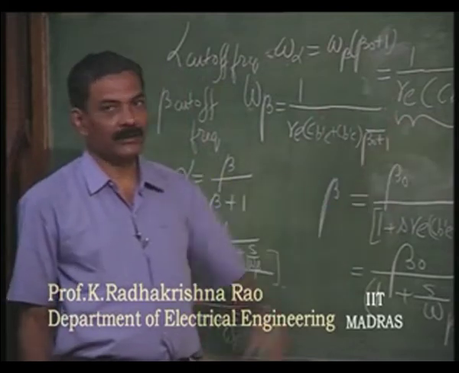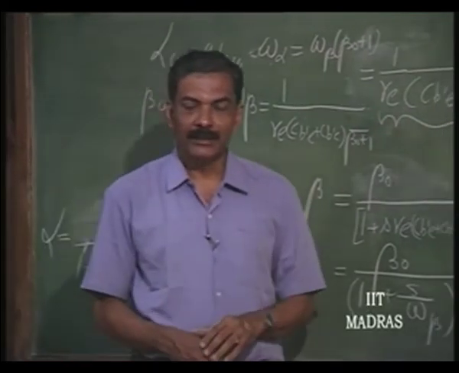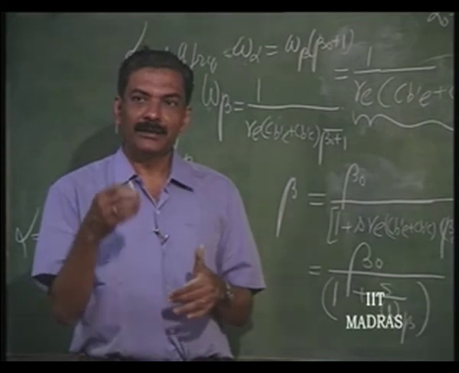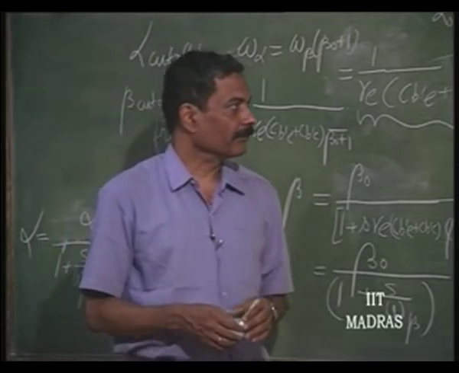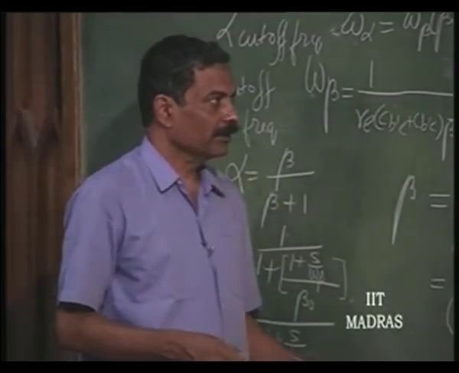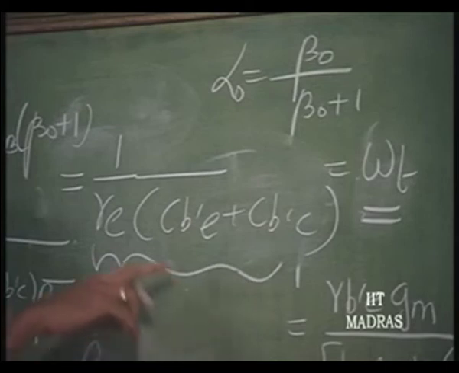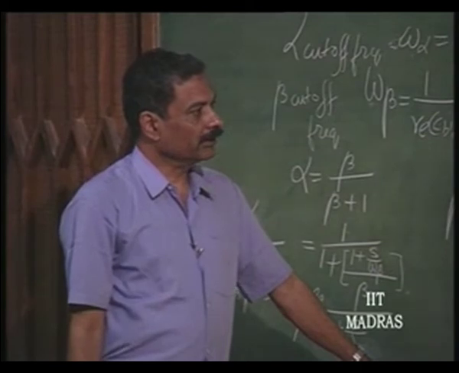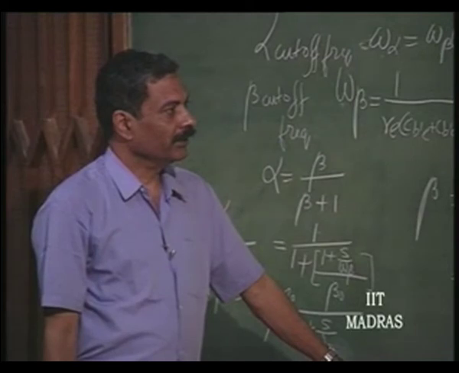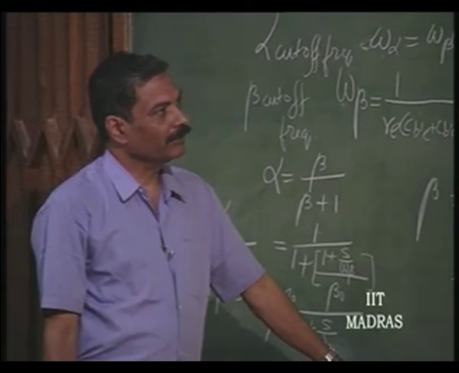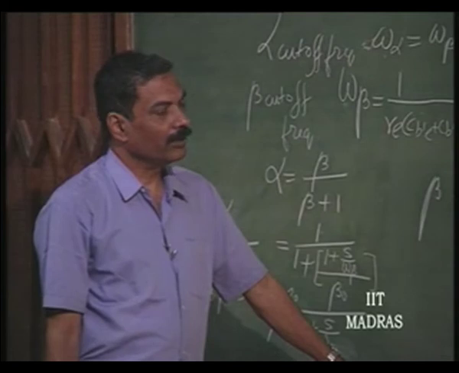This is the same thing even in the case of a FET: it is Gm of the FET divided by C total, where instead of C b dash E plus C b dash C, we will use C g S plus C g D. So, this parameter is quite often used in evaluating the high frequency performance of all the wideband amplifiers.